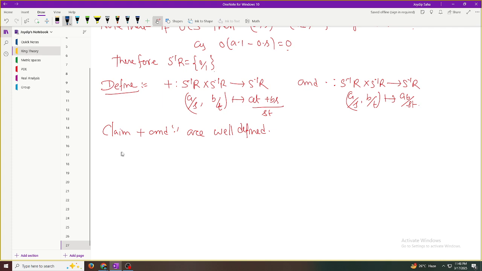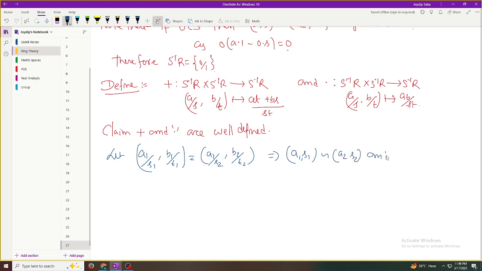Let a1 by s1 be related to a2 by s2, and b1 by t1 related to b2 by t2. Two classes are the same if and only if they are related, right?